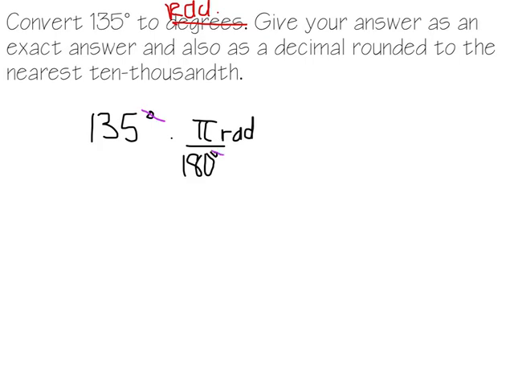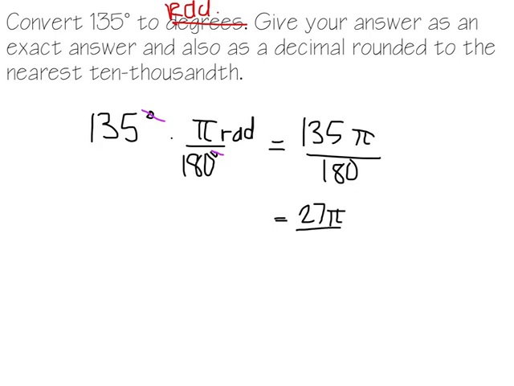These units right here are going to cancel out, leaving me with 135 pi over 180. Well, I can divide top and bottom by 5. So on top I've got 27 pi, on bottom I've got 36. So we can go a little bit further. 27 and 36 can both be divided by 9. That leaves me with 3 pi over 4 radians.